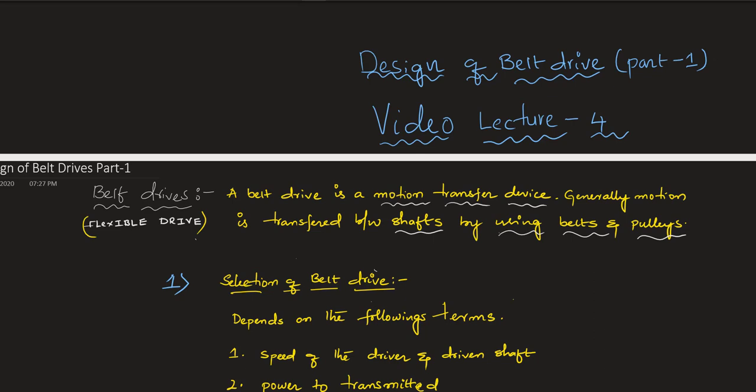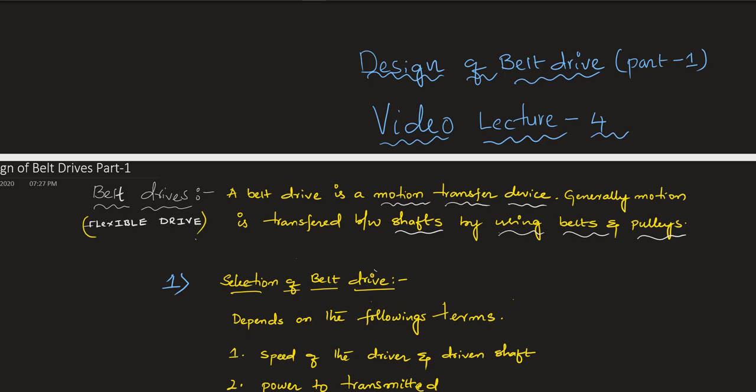A belt drive is a motion transfer device or power transmission device that is generally used to transfer motion between shafts by using belts and pulleys. There are so many other definitions, but I feel that this was an appropriate definition. For that reason we are referring to it.